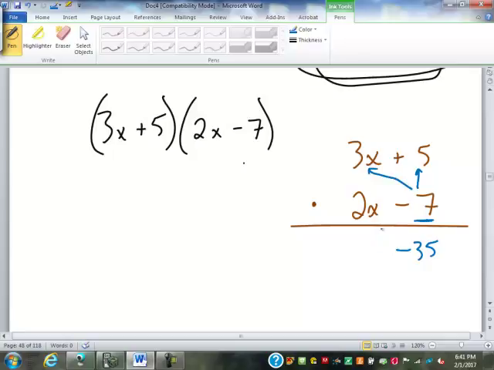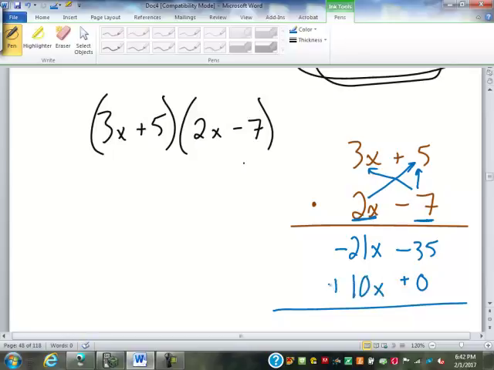What's negative 7 times 3x? Negative 21x. Now when we move over to this other digit, what do we have to do down here? Put in a 0 or leave a space, right? 2x times 5? It's 10. 2 times 5 is 10x. Positive, so I'm going to put a plus in front of it.